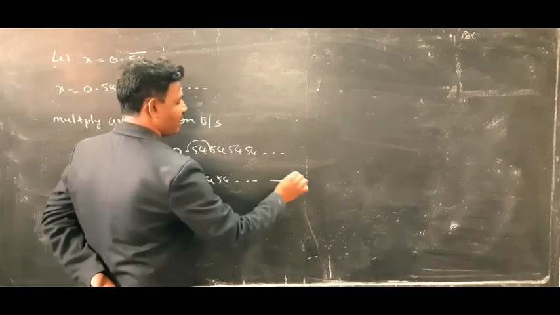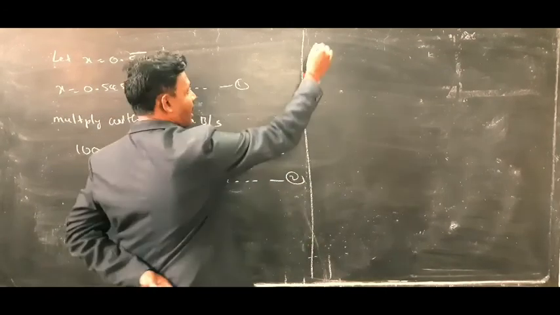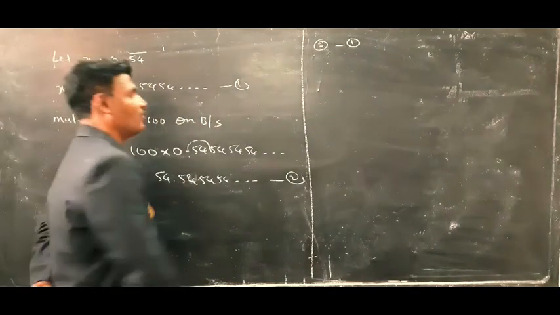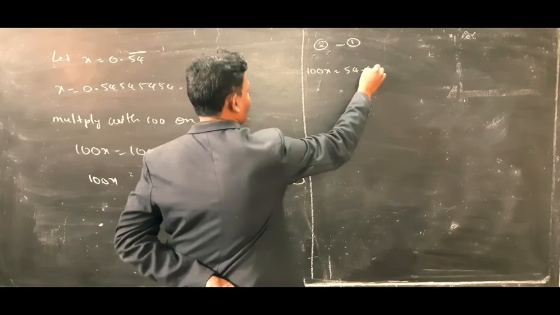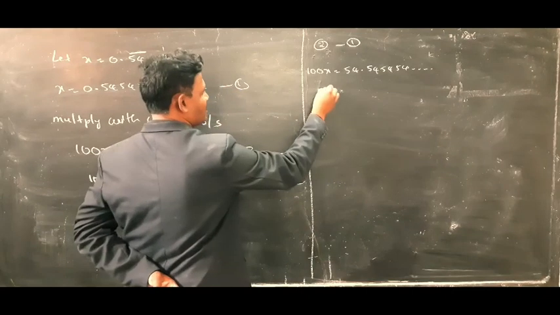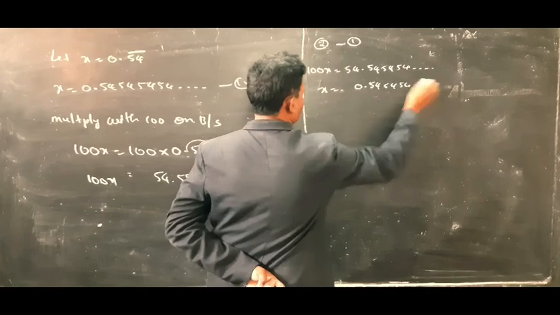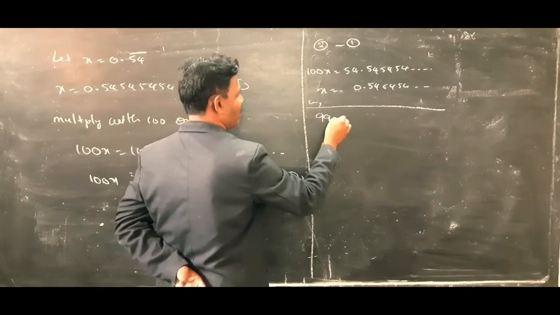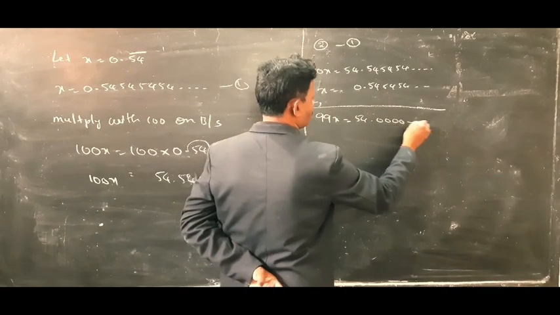Let this be the second equation and this one the first equation. So what I am doing here, I am subtracting the first equation from the second equation. The second equation is 100x is equal to 54.545454 and so on. The first equation is x is equal to 0.5454 and so on. Now subtracting, 100x minus 1x, 99x is equal to 54.0000 and so on.